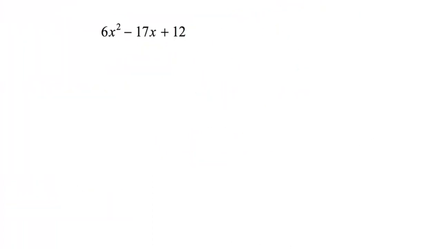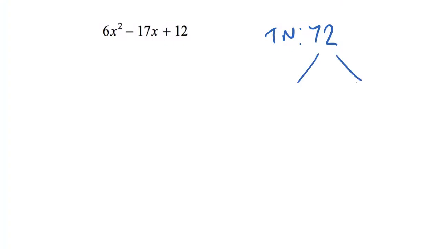This one looks a little more complicated, so let's talk it out. Step number 1. Target number is 6 times 12. This is going to be 72. Step number 2. I need to think about two numbers that multiply to make 72 and add to make minus 17.